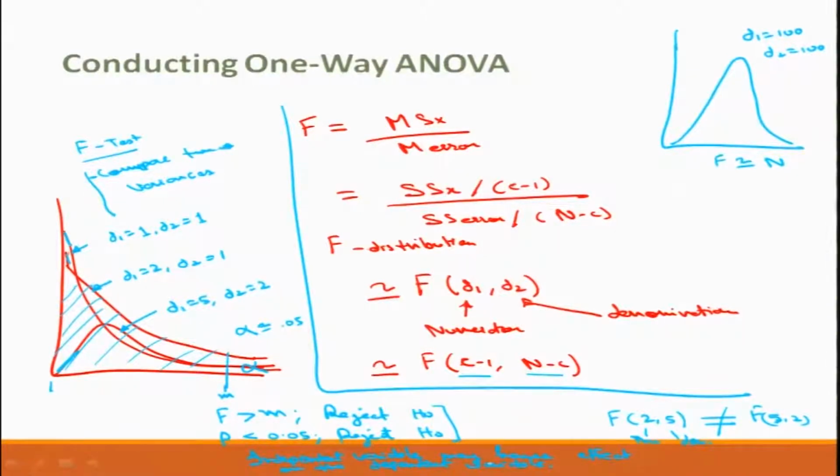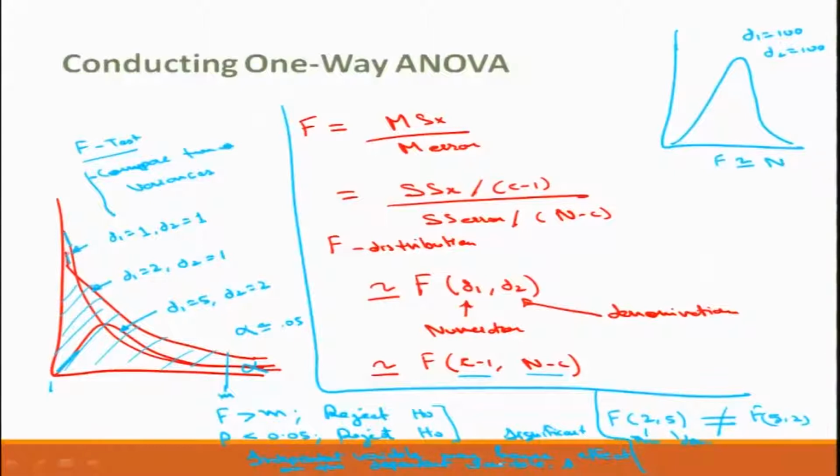So in this case the null hypothesis is rejected, that means the effect is significant. I can say here, significant effect. It has a significant effect on the dependent variable.